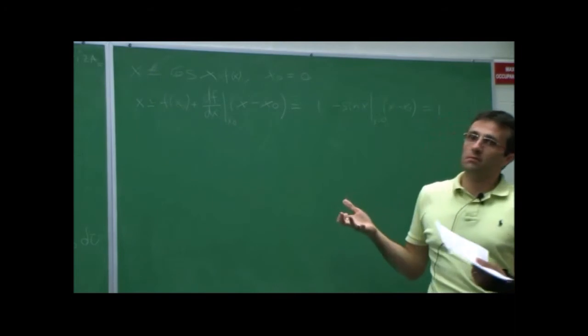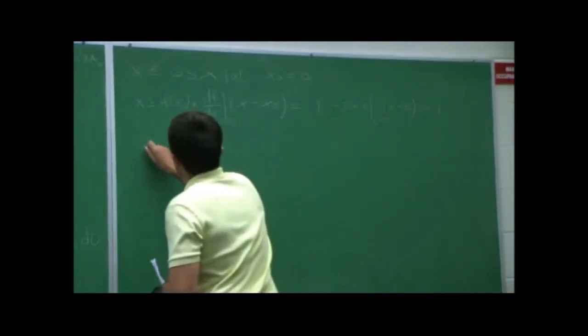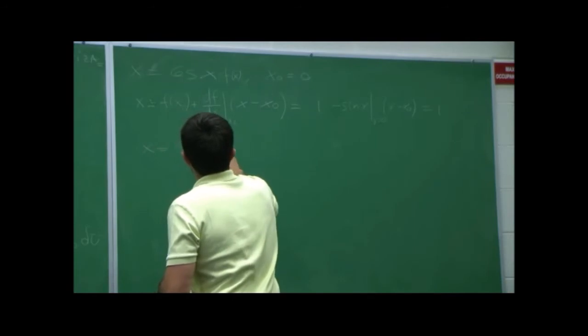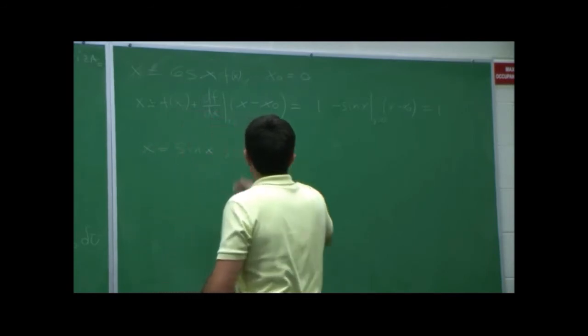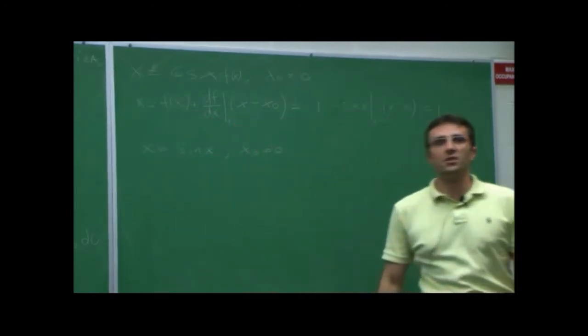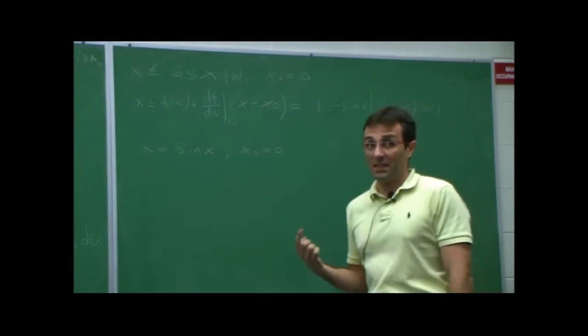Don't we say that the cosine is approximated by 1 when the angle is small? Is that right? You want to do that with sine. What is the linearization of the sine function? How do you approximate the sine function when the angle is close to 0? It doesn't go too far away from 0. Do you remember that? It's x, right?